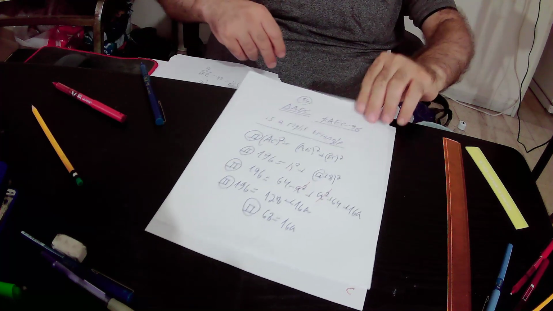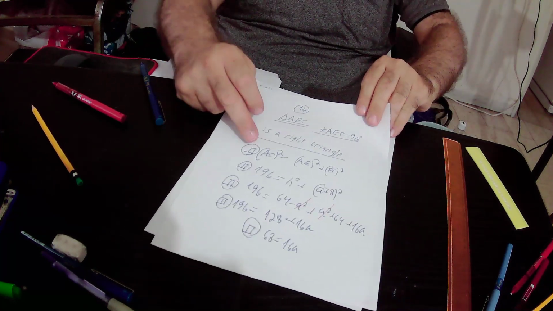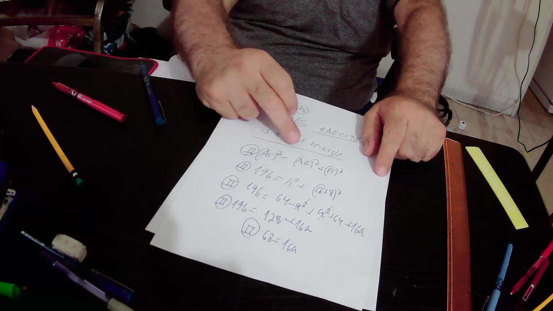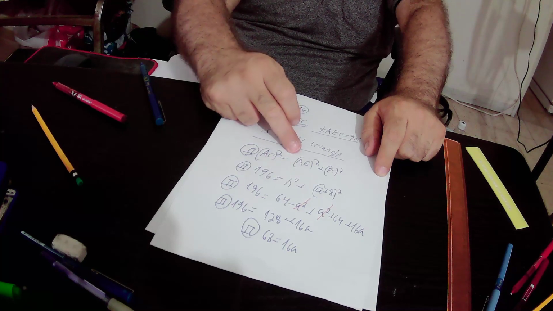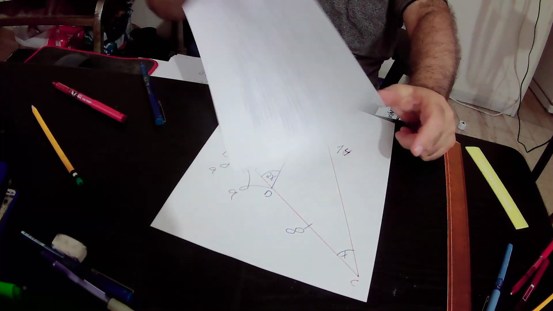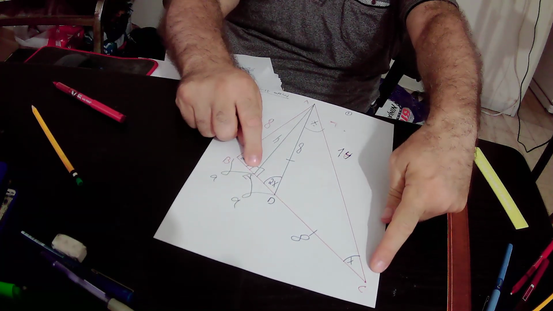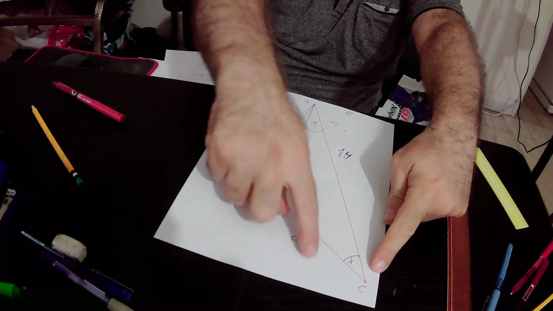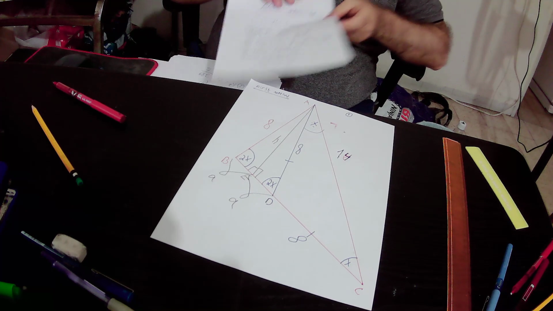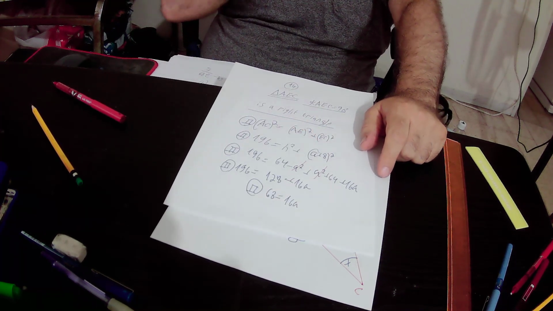We know that AC equals 14 units, so AC square is 14 square, which is 196. AE equals H, so AE square is H square, and EC equals A plus 8, so EC square equals (A plus 8) square.